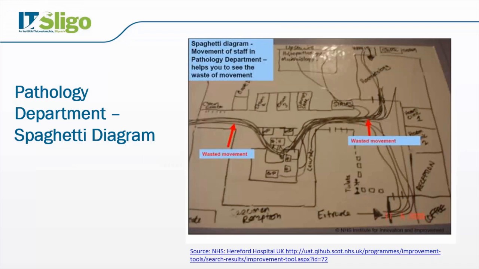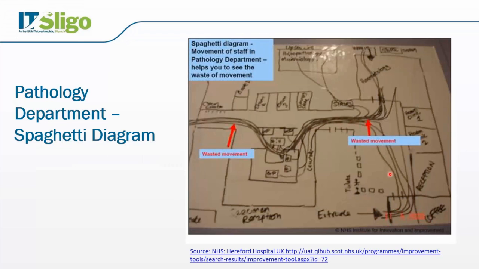An example of a flowchart, which I've taken here from the National Health Service in the UK, is a spaghetti diagram. Spaghetti diagrams are used in conjunction with other tools and techniques, but you can see they're done by hand. So you draw what's called a plan view of your lab or of your department or of a waiting room in a hospital. You build up a visual picture of maybe people flow or patient flow, staff flow.